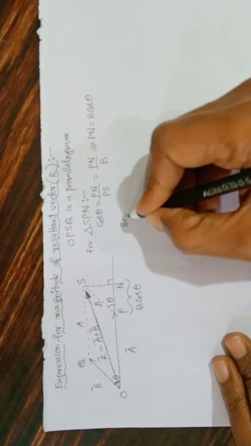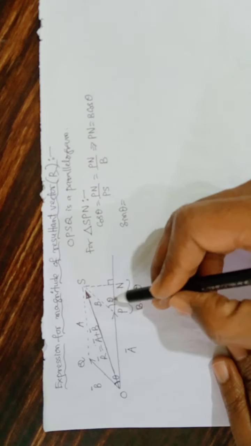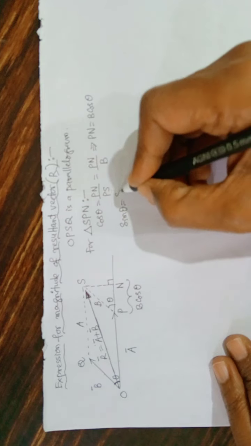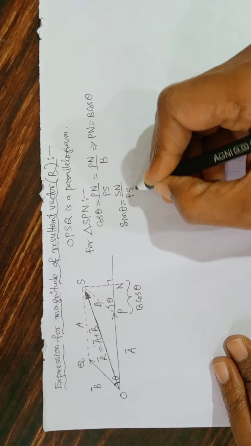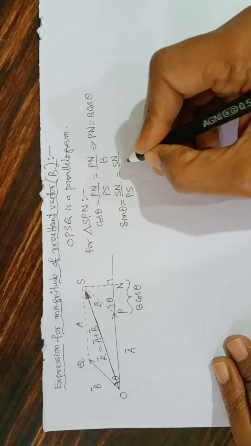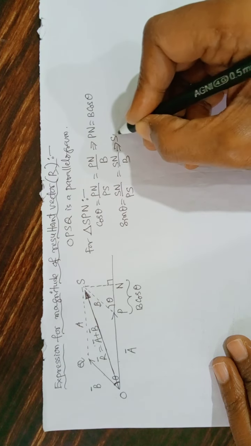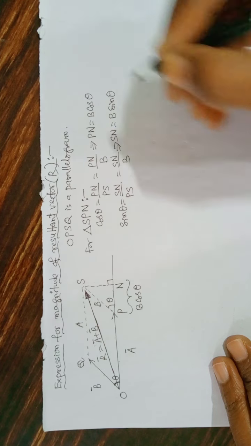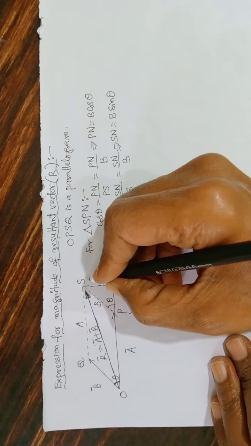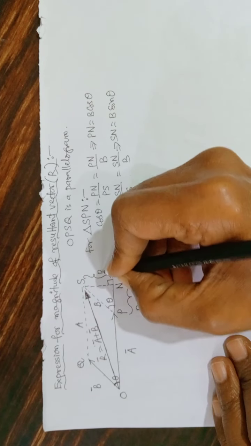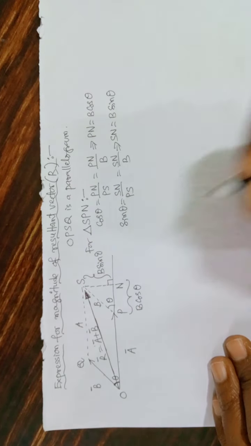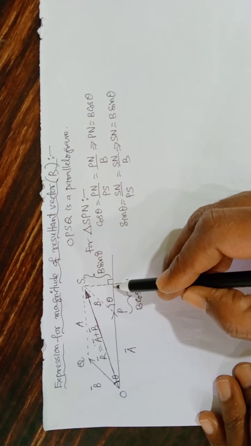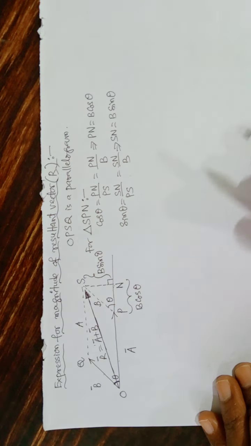Now let me write sin theta for this triangle: opposite by hypotenuse. So here SN is becoming B sin theta. If this is B, this becomes B cos theta and this becomes B sin theta.